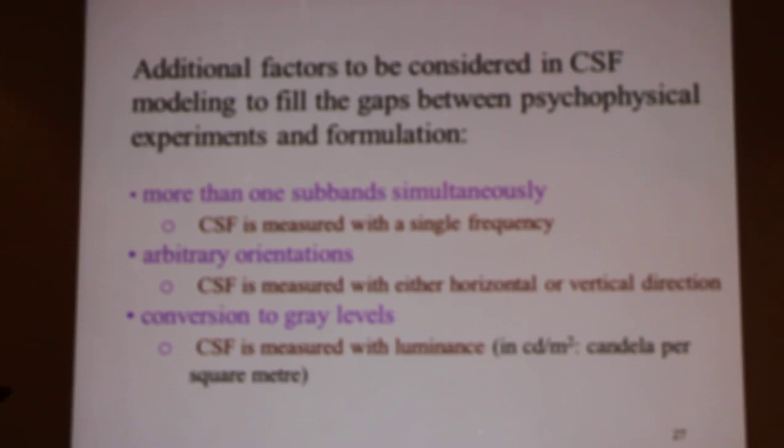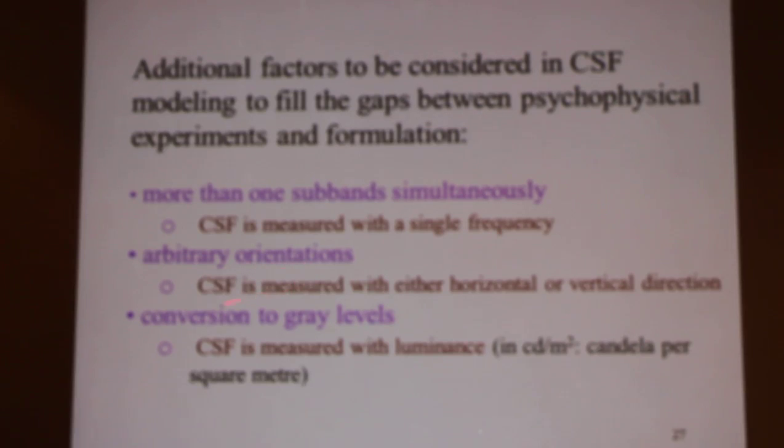This is a problem. We do not have an exact clue from the psychology or physiology study, right? So this is a problem. Different authors use different techniques to tackle this problem, but the problem is not solved completely.